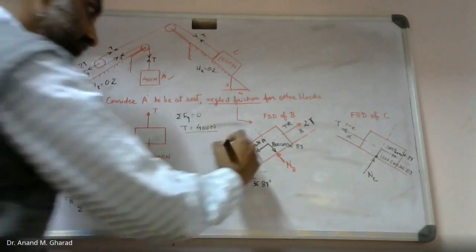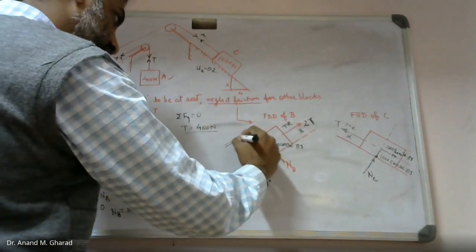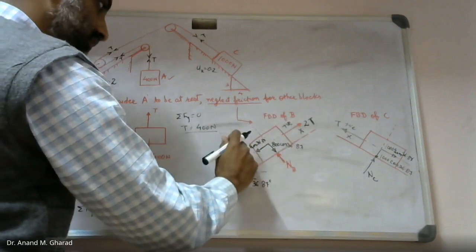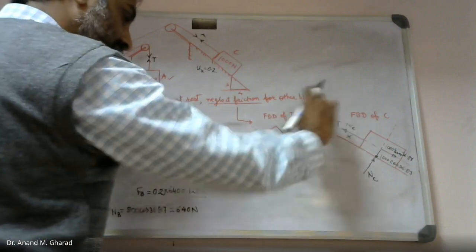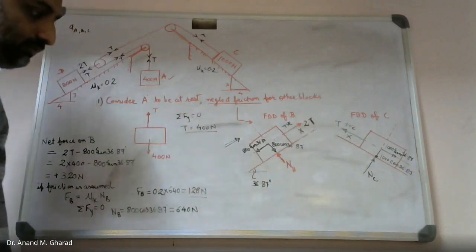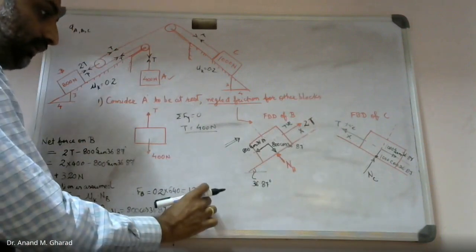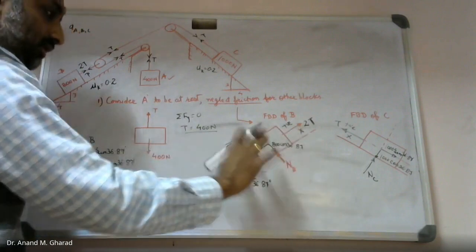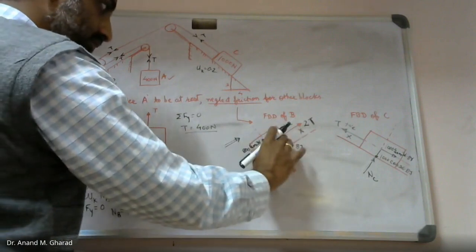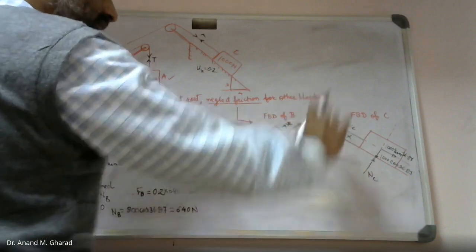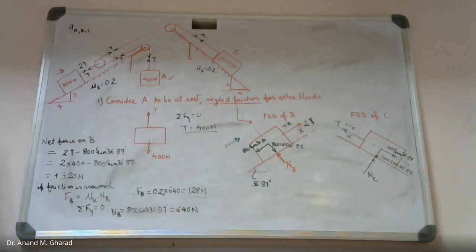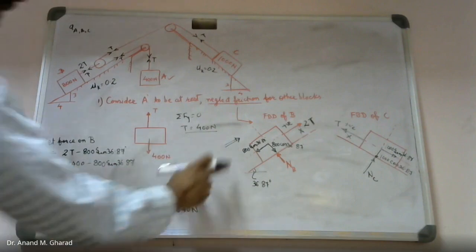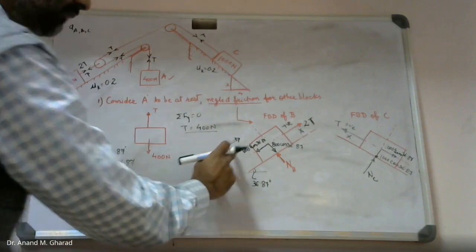Because the net force which came out, it was positive, and we have assumed this to be the positive direction. So this block will be moving in the upward direction. And 128 Newton force, which is the frictional resistance, is not sufficient enough to keep this in position, and it will continue moving in the upward direction. This is what we will interpret, right? So we have understood the direction of motion of this block B.